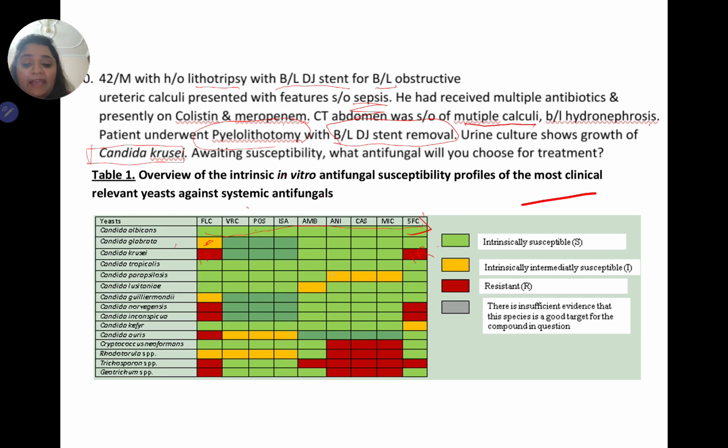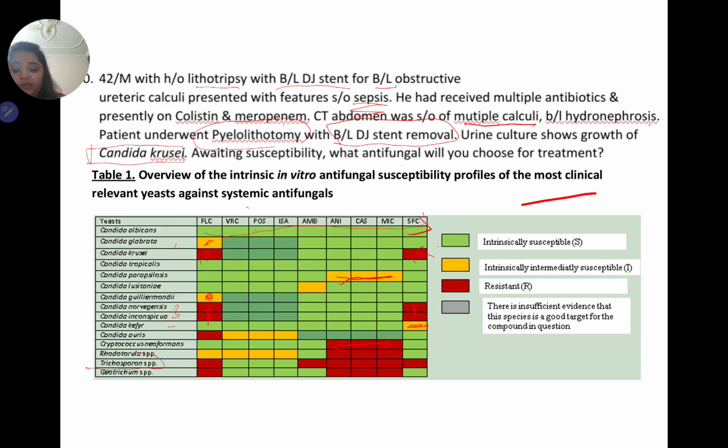Candida parapsilosis has higher MIC for your echinocandins. Guilliermondii also has higher MIC for fluconazole. Norvegensis and inconspicua have intrinsic resistance to fluconazole as well as 5-flucytosine. Kefyr has higher MIC for 5-flucytosine. Cryptococcus neoformans is intrinsically resistant to echinocandins.